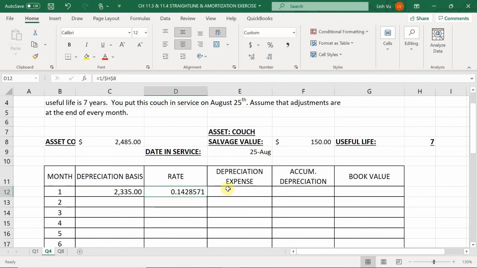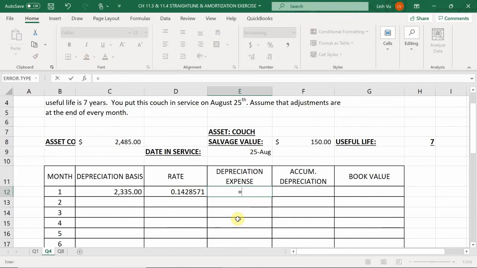So in this case, I need to solve for my depreciation expense for the month. So how do I do that? What is this going to be here? Depreciation basis, so the 2335 times 14.285%, which is 333.57, but that gives us the amount for the year, right? That's correct. Good. That's for the whole year. I'm only looking for 1 month.